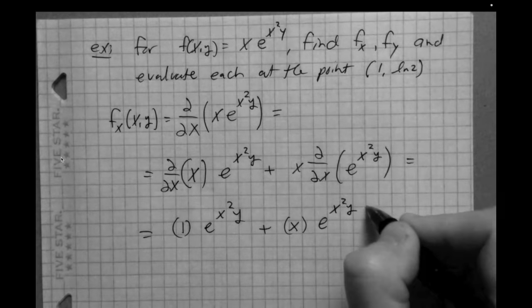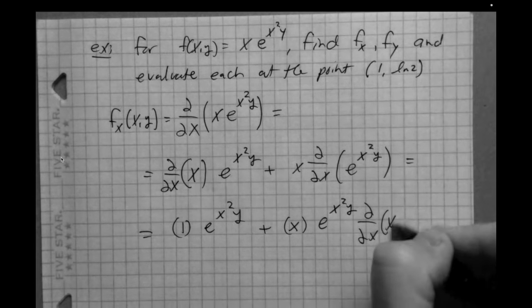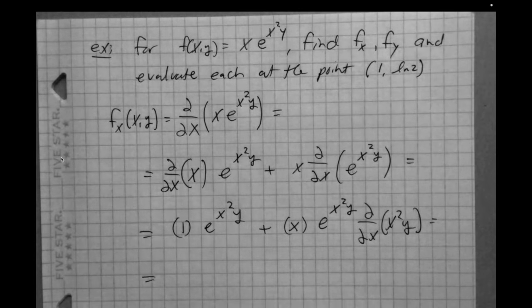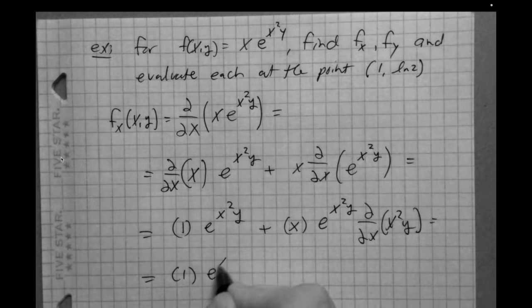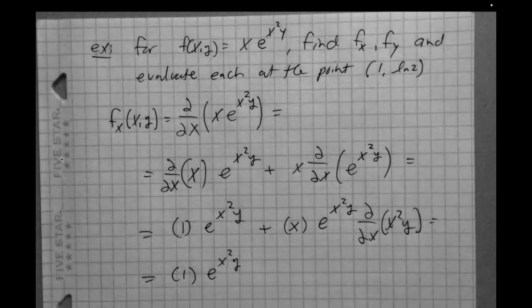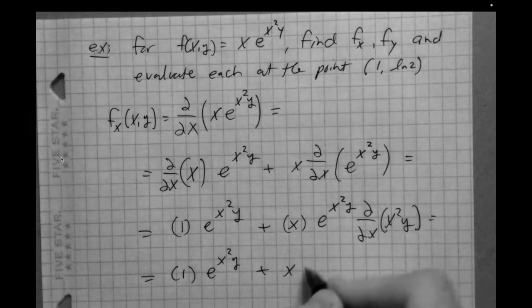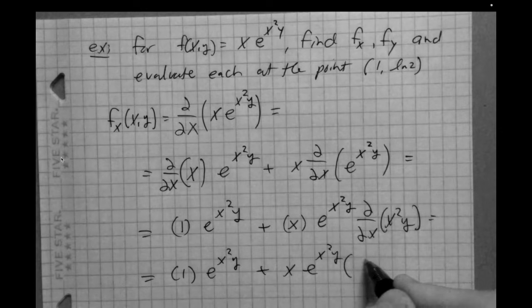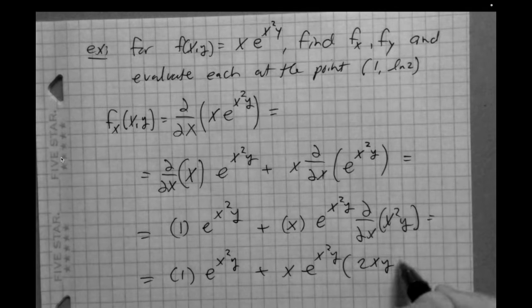Let me actually write that in just so that that's clear. So it would look like that. So you've still got the 1 here, e^(x²y), plus x e^(x²y), and then this last piece here is 2xy, right?